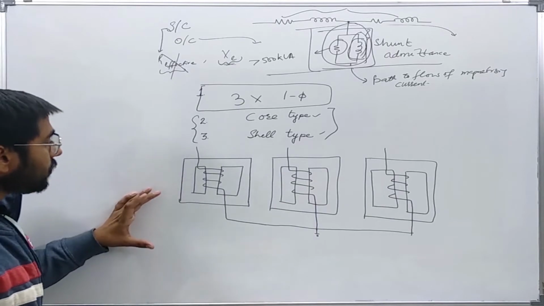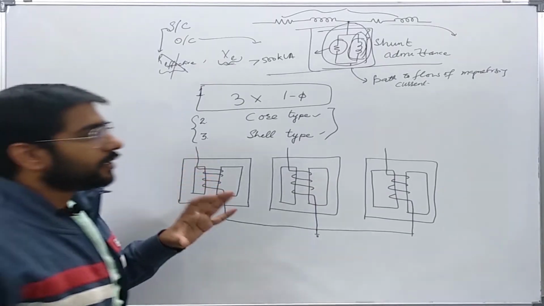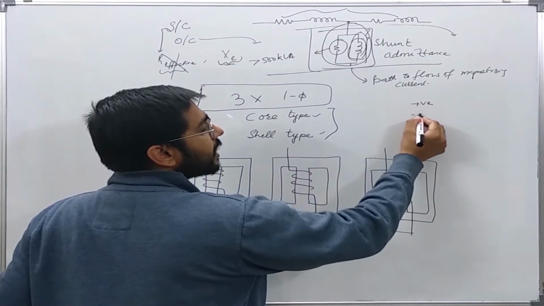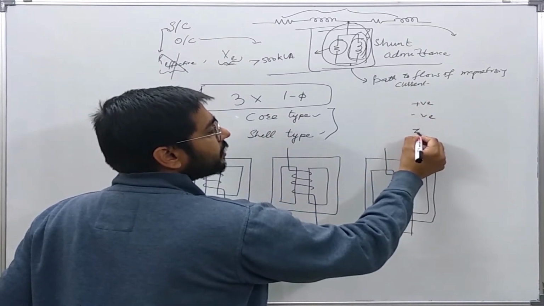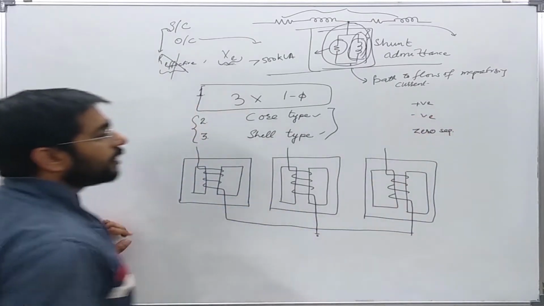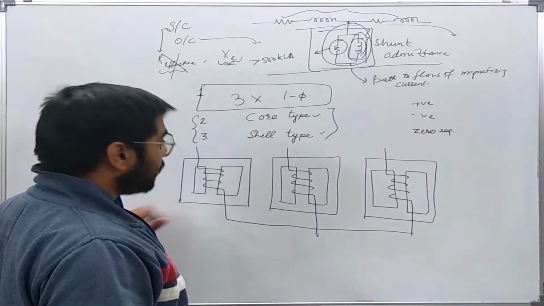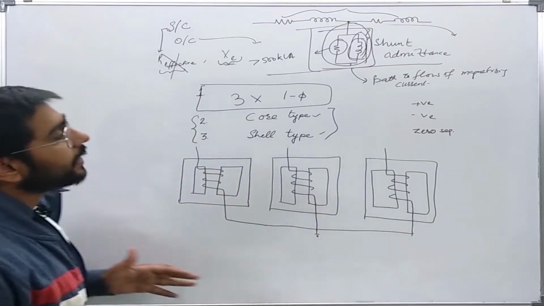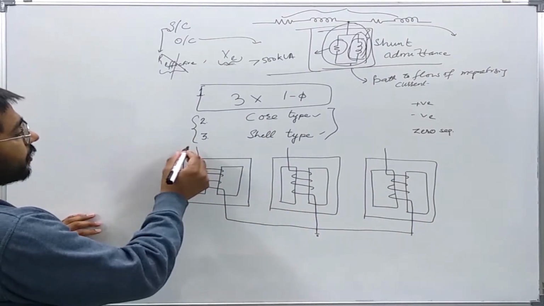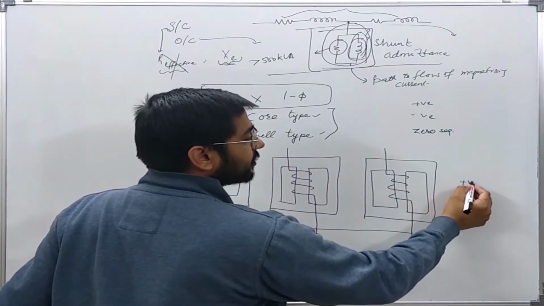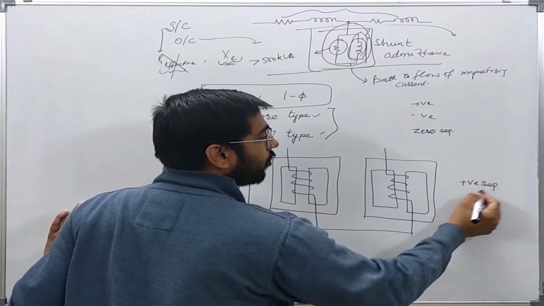Now let us try to discuss the positive sequence, negative sequence, and the zero sequence impedance for this kind of transformer construction. So let us say we connect a balanced positive sequence voltage source.